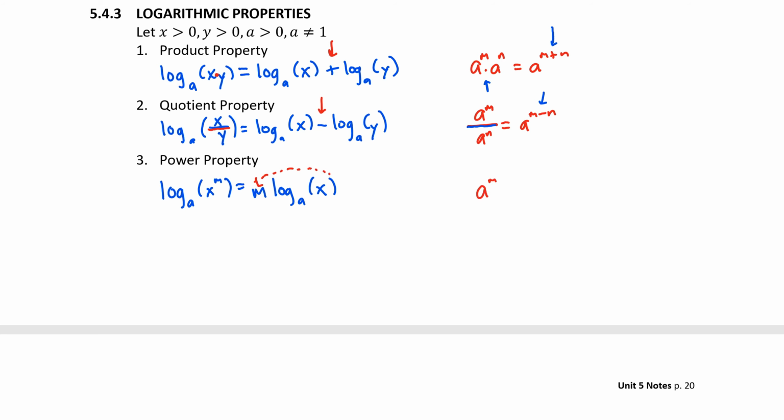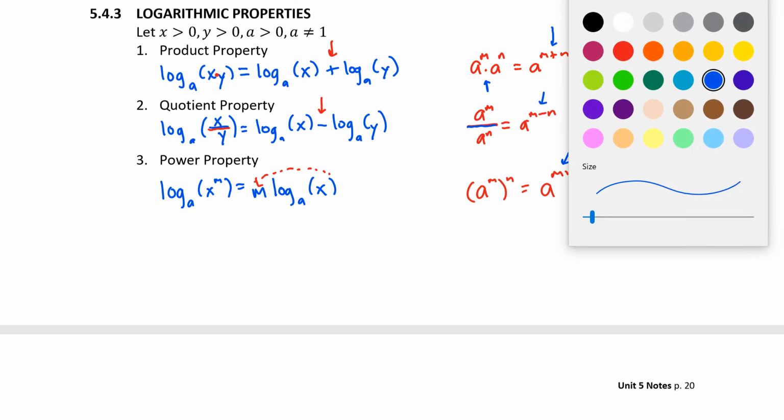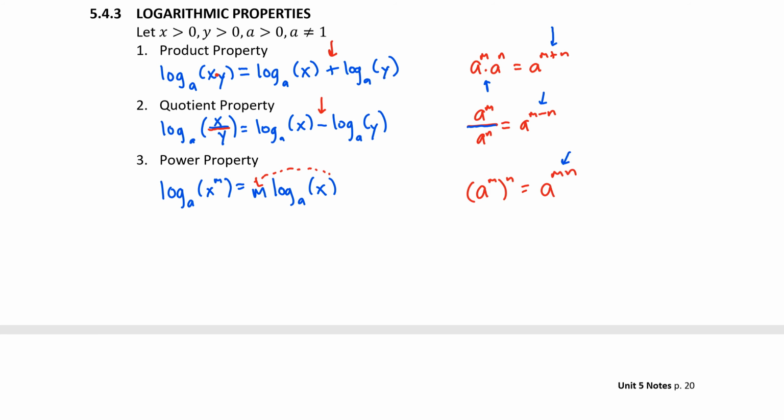This reminds us of the power raised to a power property. When we have this situation, we multiply the powers. So essentially, we are dealing with successive powers. And that's what we have over here. Remember, a logarithm represents an exponent, and m was an exponent, so we have the product of two powers.